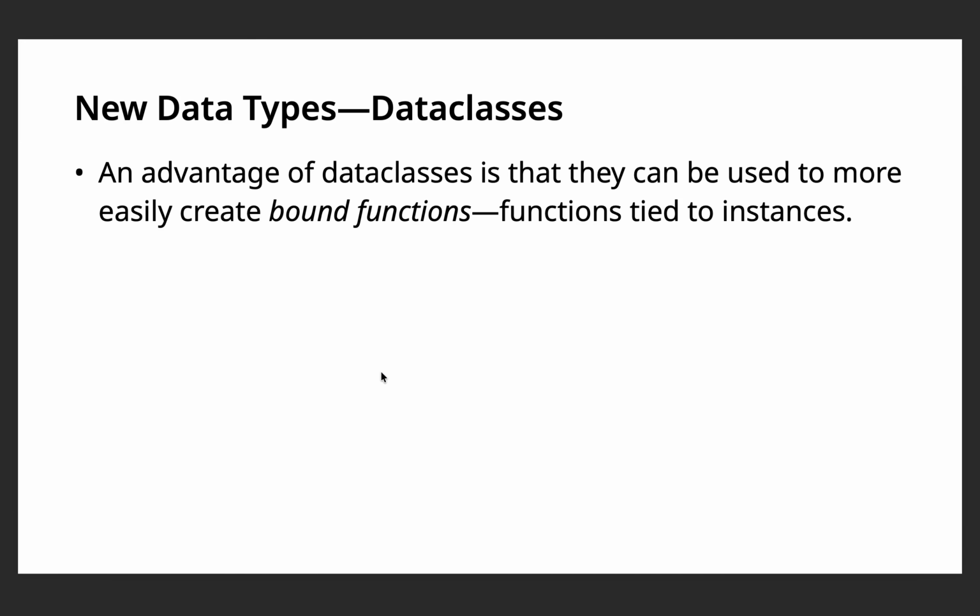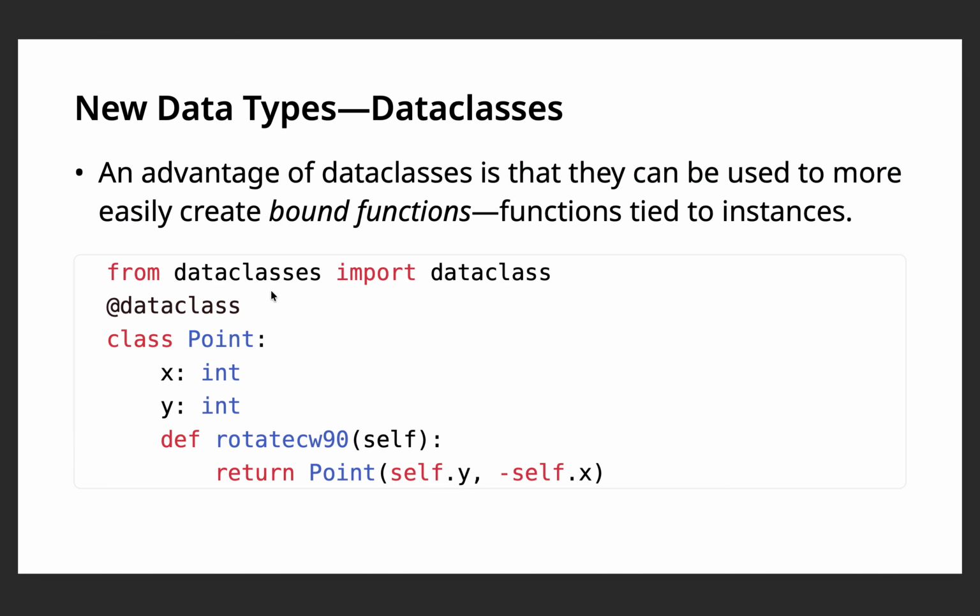Okay? So why do we have data classes instead of yung named tuple a while ago? What's the advantage? Well, the main thing is that we can now have what we call bound functions. So when you say bound functions, what that means is, if this is the Point class from a while ago, or data class, we can make an additional function over here that is exclusive to this data class over here.